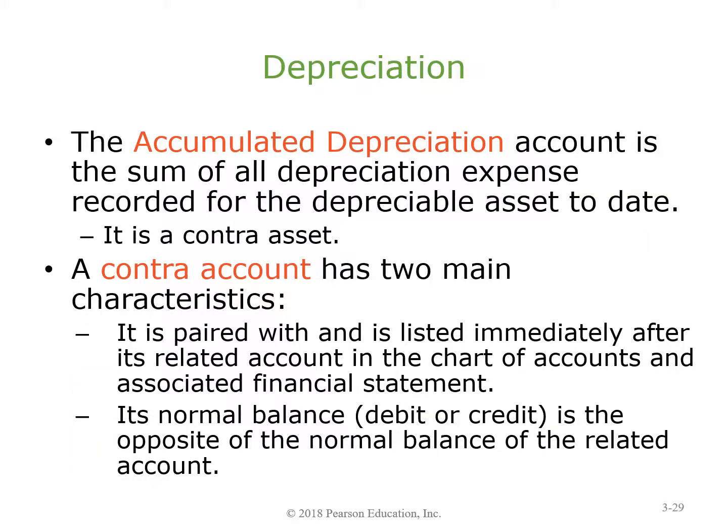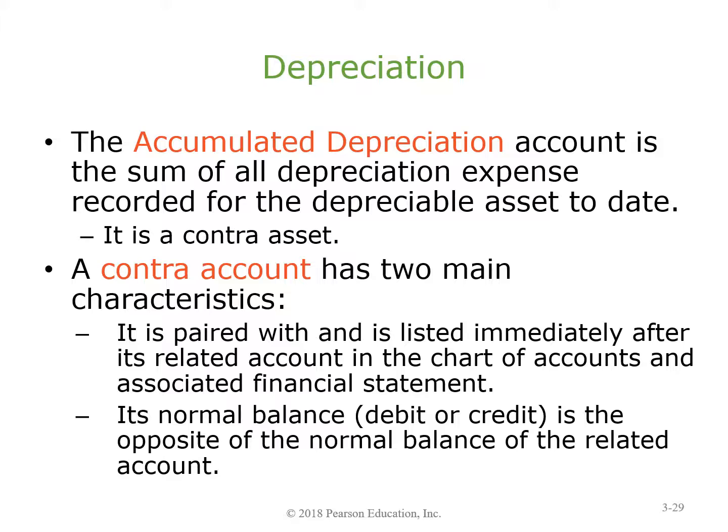So what is accumulated depreciation? Accumulated depreciation is the account that has all the depreciation expense to date. It is an ongoing depreciation account, so you can always look at it and see how much depreciation has accumulated on this asset.